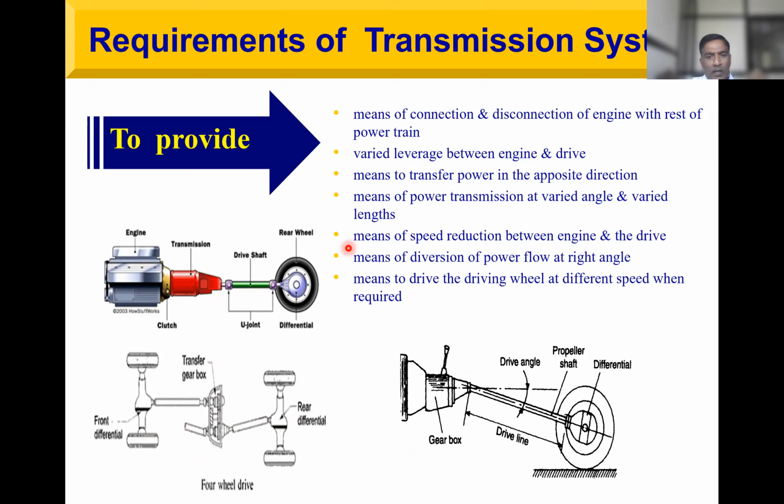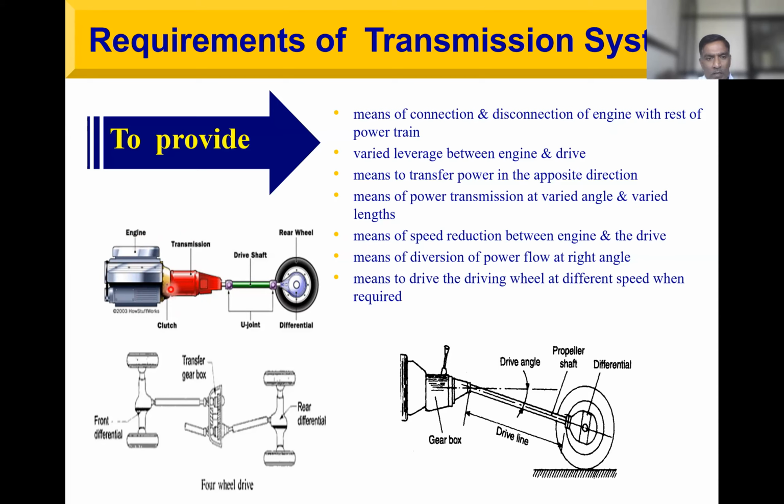Then next requirement is to provide means of speed reduction between engine and the drive. So this is engine, this is clutch, this one is transmission system. So suppose engine is running at 5,000 RPM.